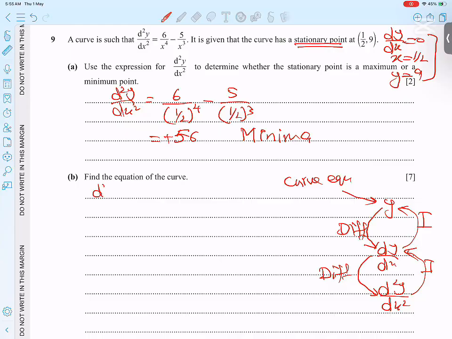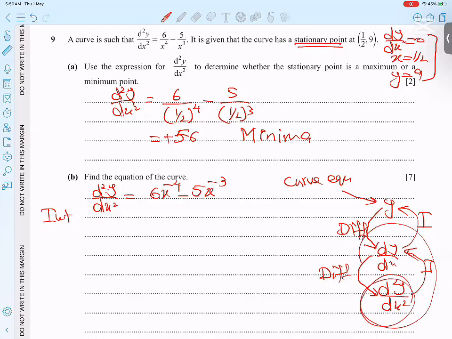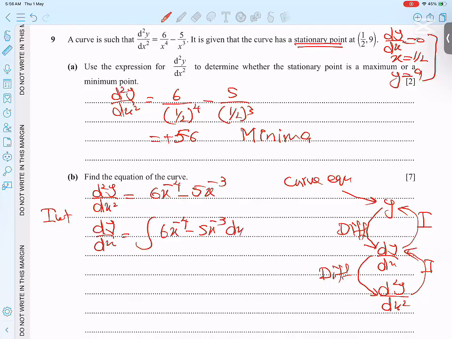The second derivative d2y over dx2 is 6x to the power negative 4 and 5x to the power negative 3. When I integrate both sides, the second derivative automatically becomes the first derivative. Here is the sign of the integral, and I'm going to find the integration by increasing the power.